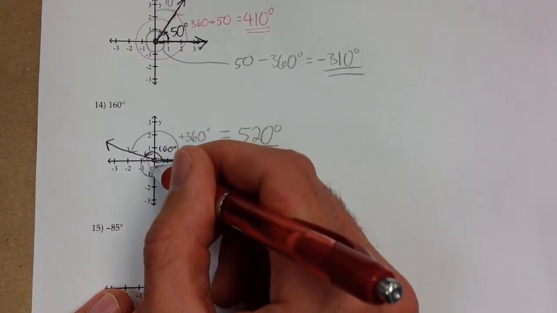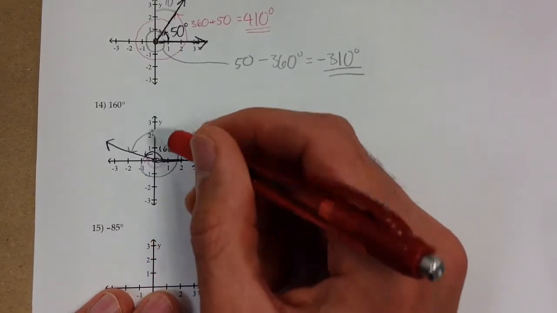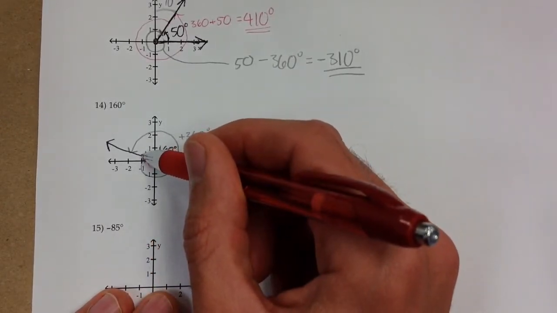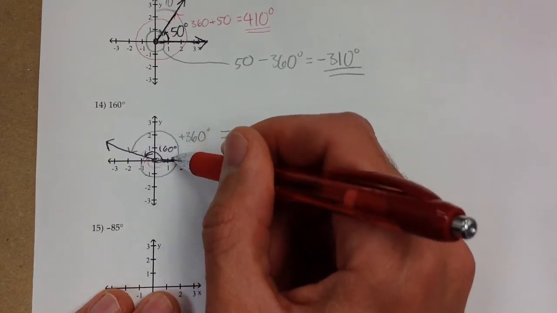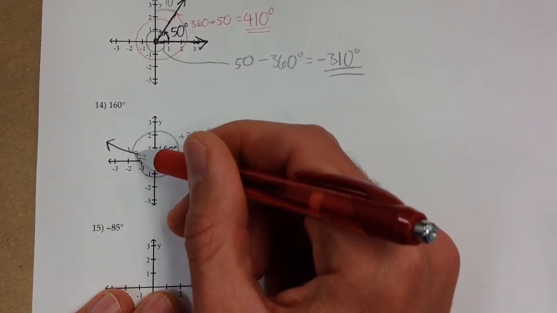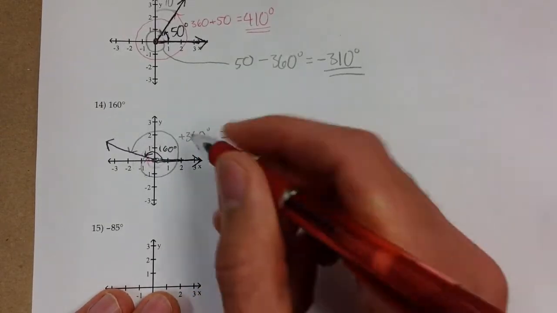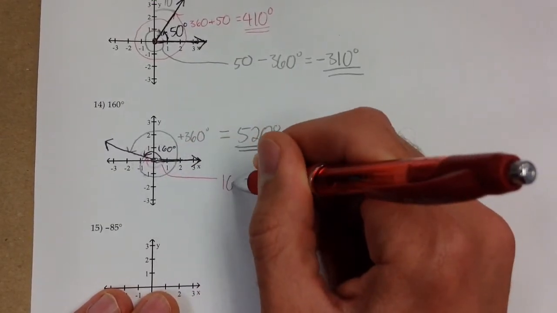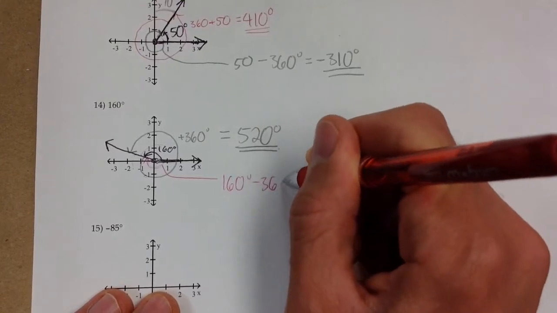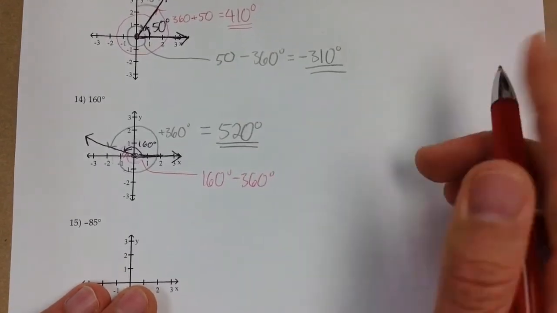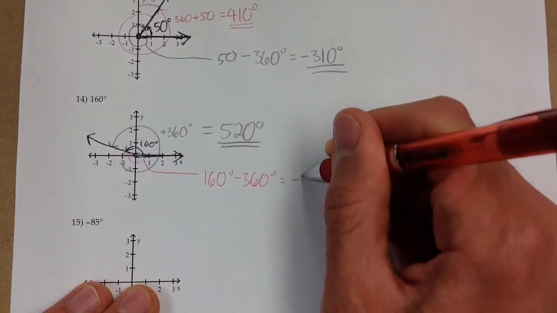It's going to be a negative angle. Another way of thinking about it is starting from here, going a complete rotation clockwise and ending up here. And that's equivalent to subtracting 360. So I believe that's negative 200. Yeah.